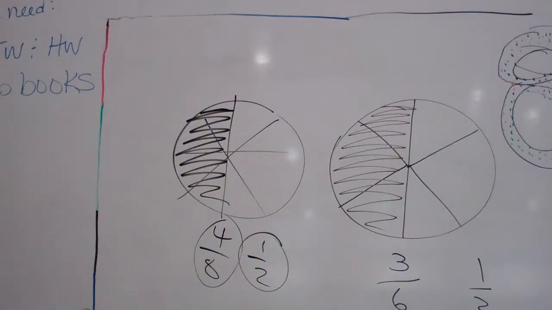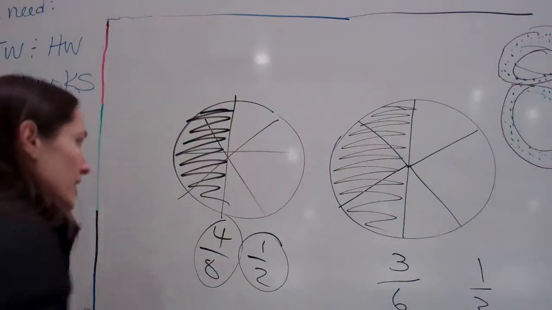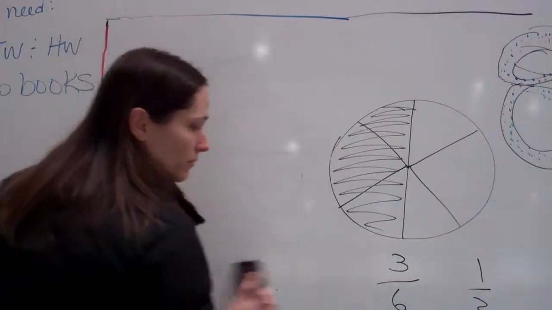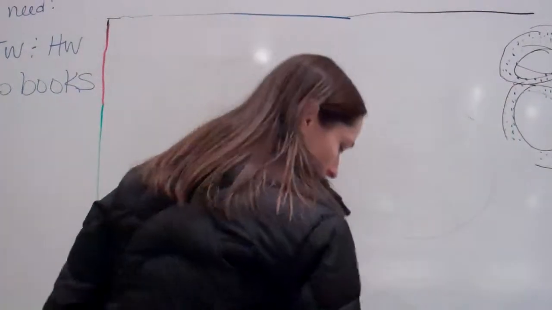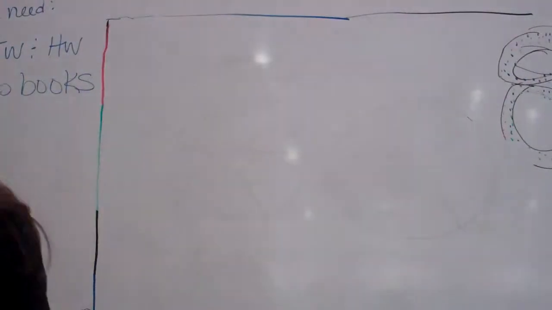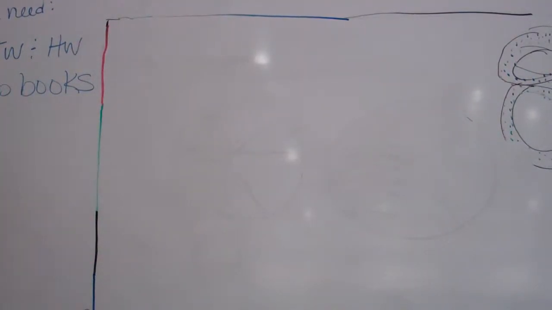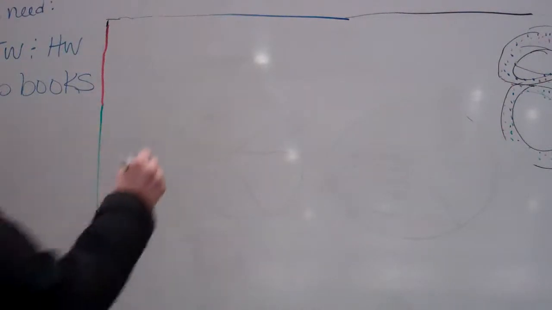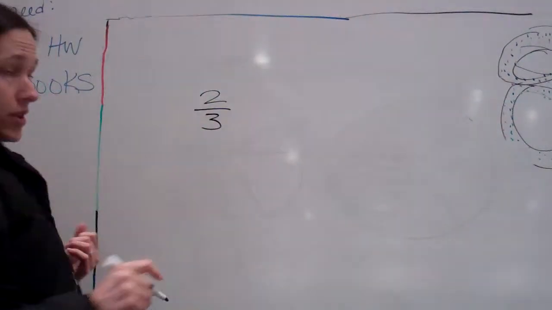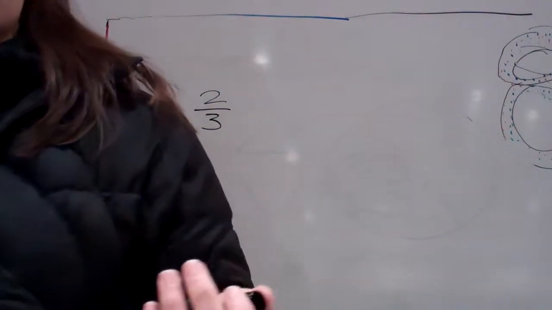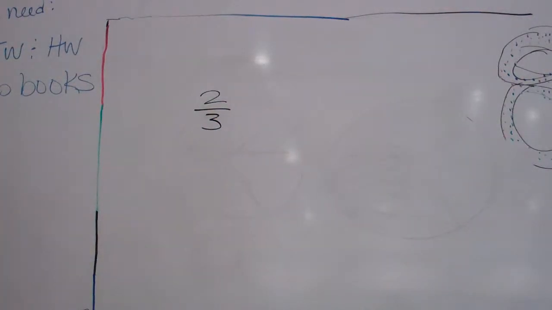Okay? They may ask you something like this. For example, they may say, what ratio forms a proportion with 2/3? Well, the way that we can do this is I'm just going to start multiplying by 2 and then by 3.